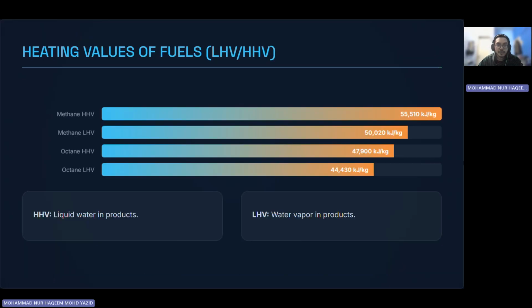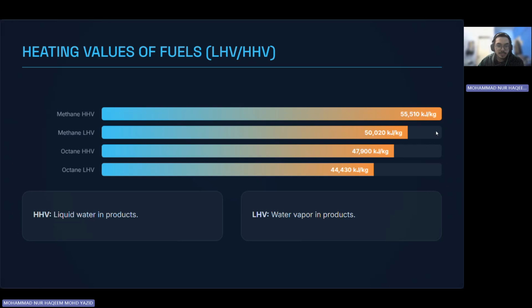Now the heating values of fuels, or LHV and HHV. We can see that each reactant has a different heating value. The methane HHV is 55,510 while the methane LHV is 50,020 kilojoules per kilogram.